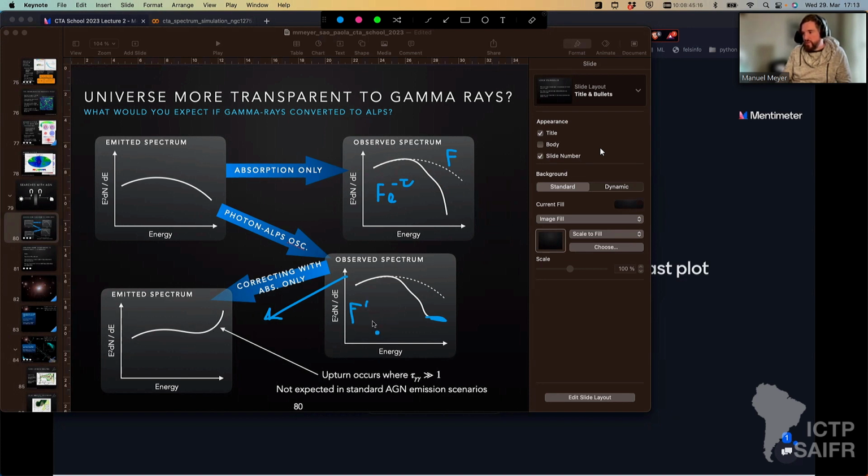And to get to the intrinsic spectrum, you would multiply with e to the tau. Because e to the minus tau, tau is large here, so you would multiply this with a large number, bringing this up extremely high. And this is what you then would get. Which is, of course, unphysical, because you used essentially the wrong model to correct your observed spectrum, because you didn't account for axion-like particles. Hope that makes sense.